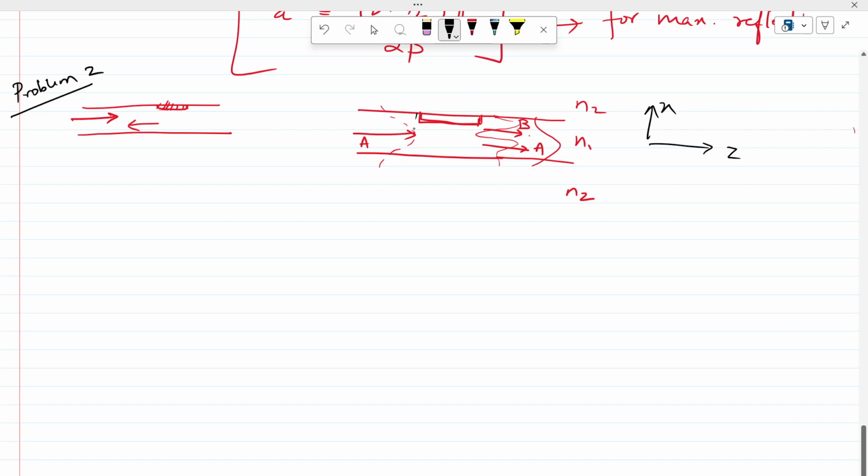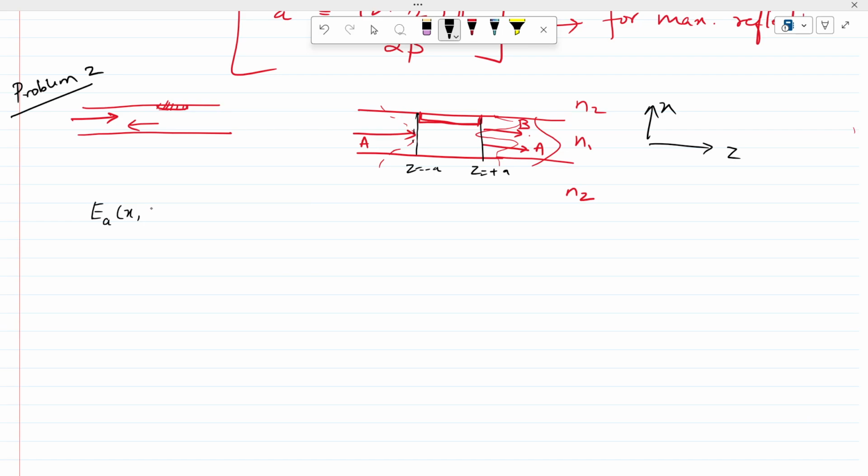So again, here also, this is z equal to minus a, this is z equal to plus a, the height and all the other things remain the same. So let's do it. First let us start with writing down mode A, how it will look.